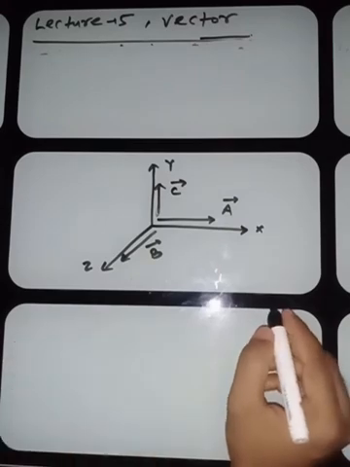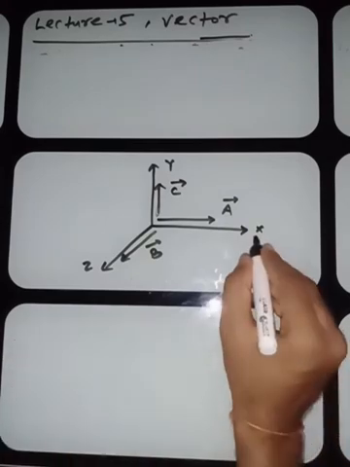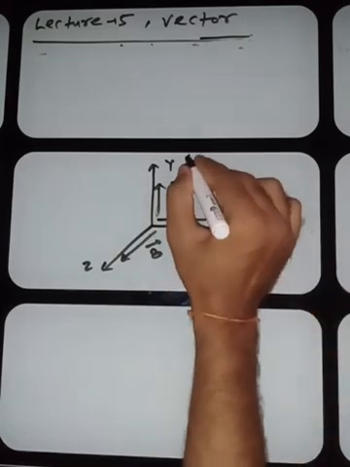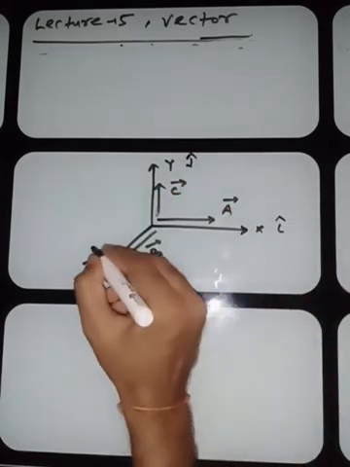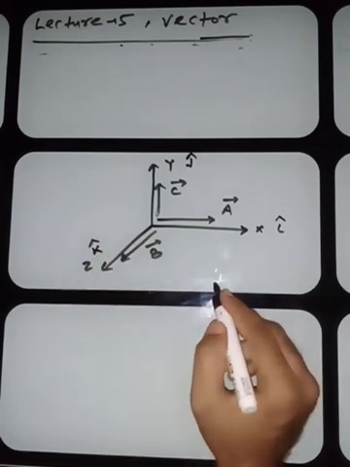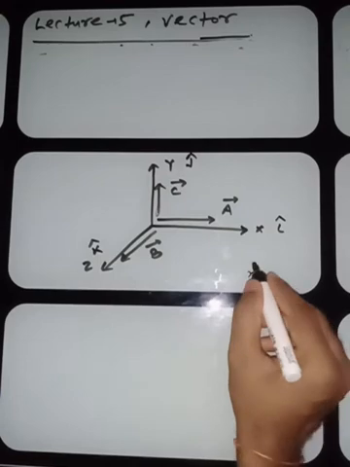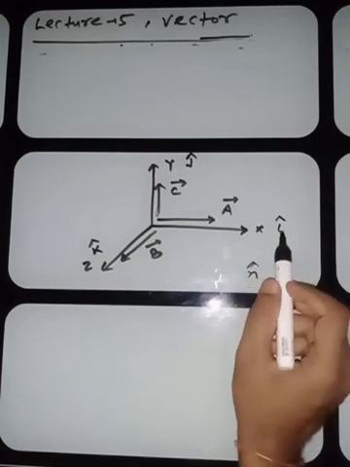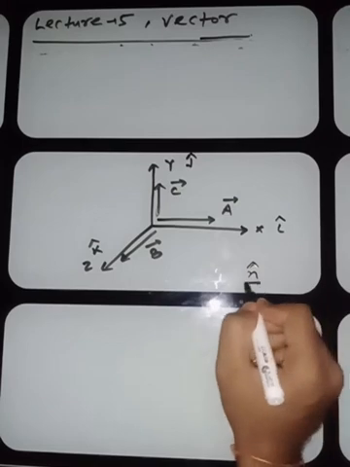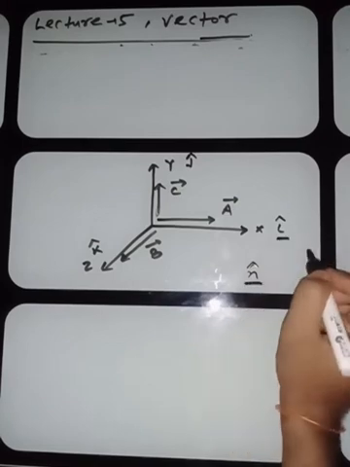Remember, along the x-axis the unit vector is i cap, along the y-axis the unit vector is j cap, along the z-axis the unit vector is k cap. In place of the unit vector n cap, you can use these unit vectors i, j, k also.